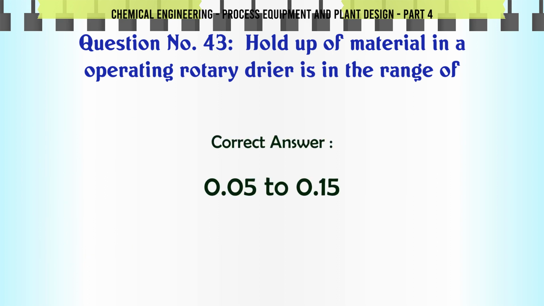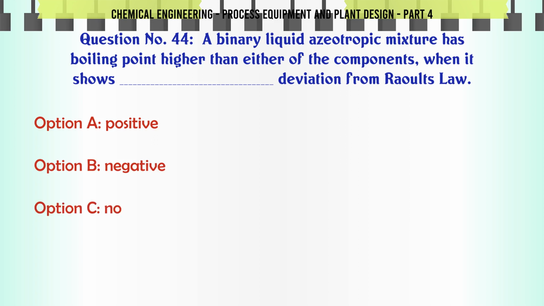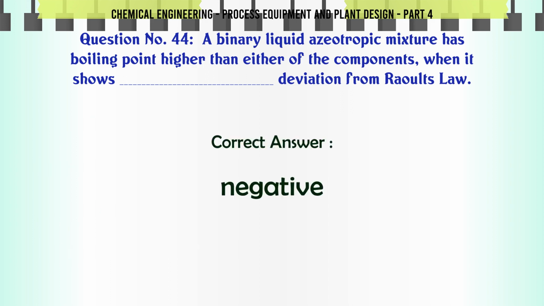The correct answer is 0.05 to 0.15. A binary liquid azeotropic mixture has boiling point higher than either of the components when it shows deviation from Raoult's law. A. positive, b. negative, c. no, d. none of these. The correct answer is negative.